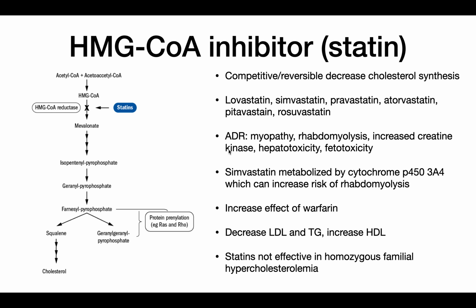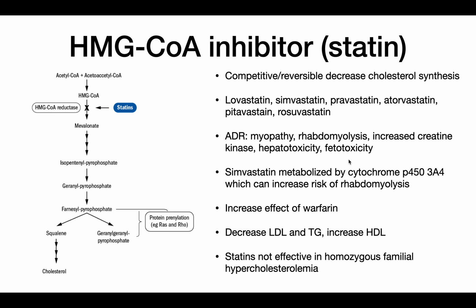The adverse drug reactions are pretty bad. These you have to monitor carefully, because there's going to be muscle pain, rhabdomyolysis, problems with the kidneys, so increased creatine kinase, but more importantly, hepatotoxicity. So this can influence the liver quite adversely, along with fetotoxicity.